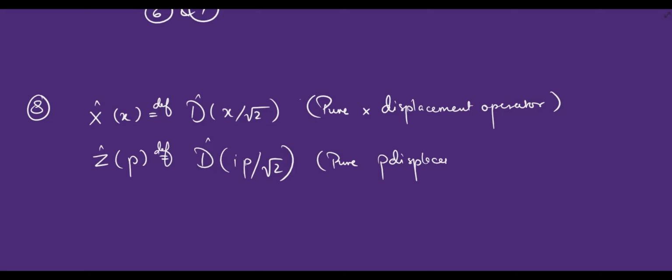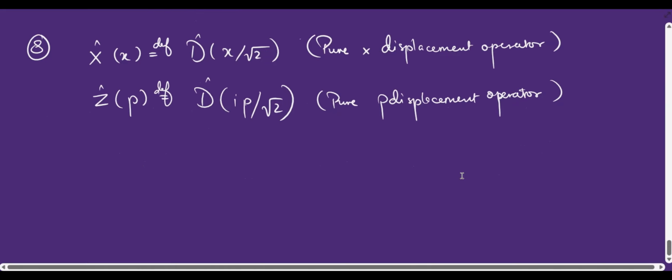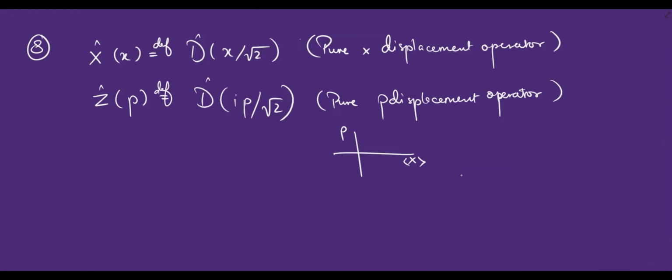Now why we call this a displacement operator, I'll come to it when I talk about Wigner functions and the optical phase space. For now, let's just say that this is the optical phase space of the states, and these are average x and average p of the quantum states. So what this pure x displacement operator will do is displace the state along the x-axis, and the pure p displacement operator will displace the state purely along the p direction.